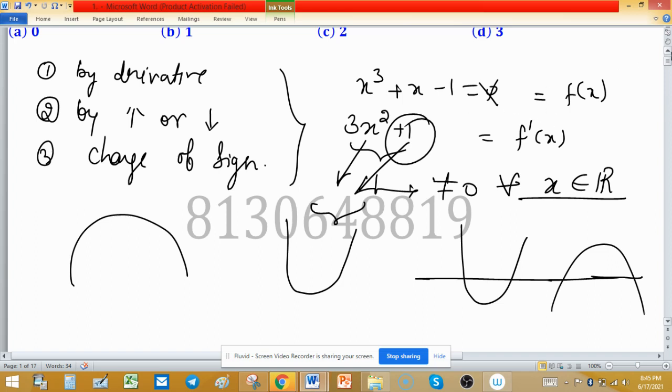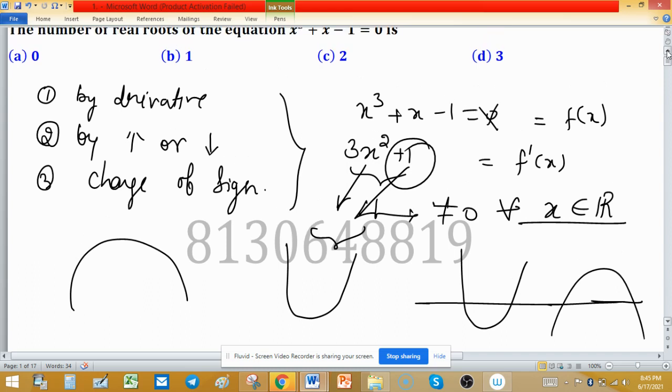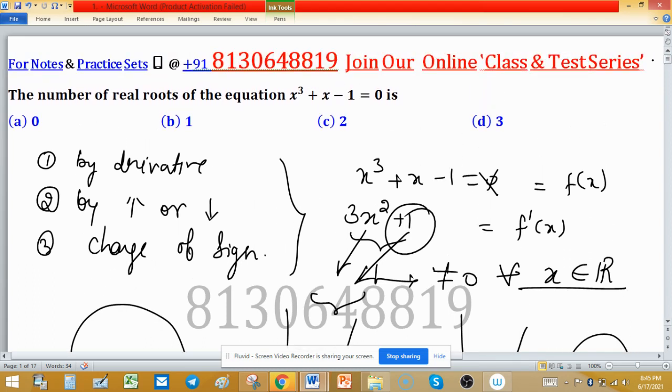There is no point on the real line where a cup or cap shape is obtained for this equation. So 2 or 3 roots are not possible. So the remaining options are either 0 or 1. Because the function has no cup or cap shape, there are no 2 or more roots possible. So we only have two possibilities.